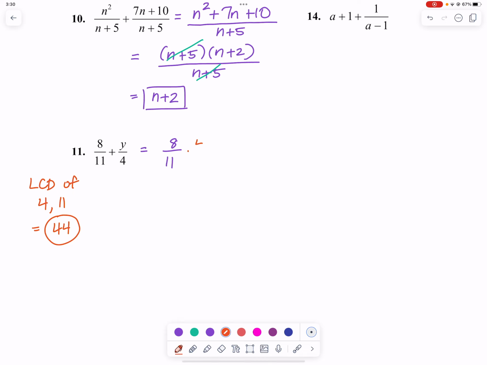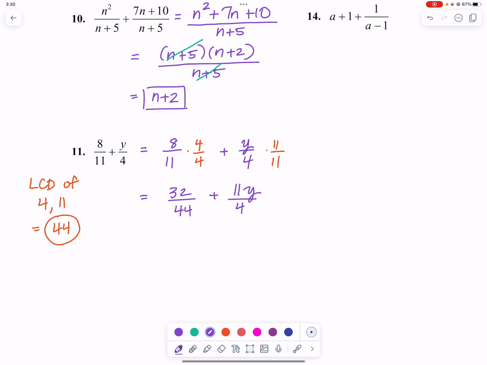So we will multiply the numerator and denominator of our first term by 4 over 4 and our second term by 11 over 11. That way both terms will have a denominator of 44.